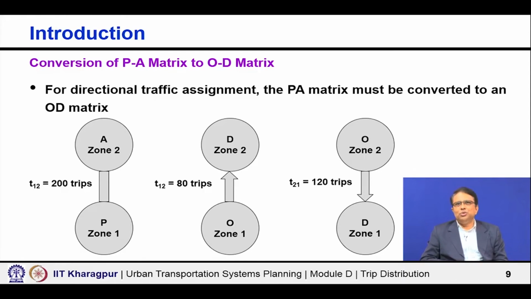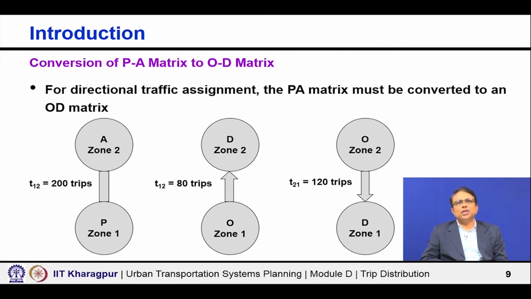Next one, we said that zone 2 is O, that means origin, zone 1 is D, that means destination, and 120 directional trips are happening. That means, 120 trips are actually happening from zone 2 to zone 1.